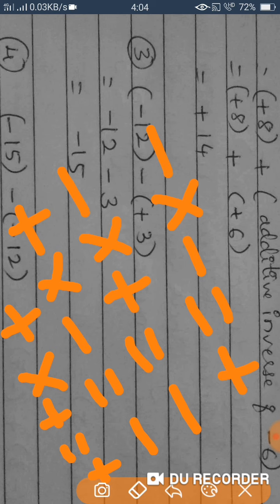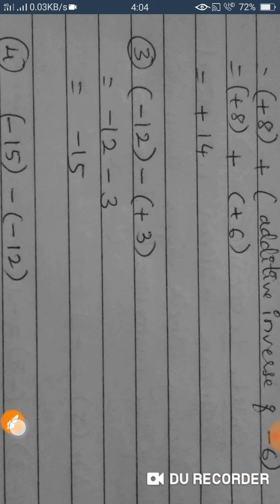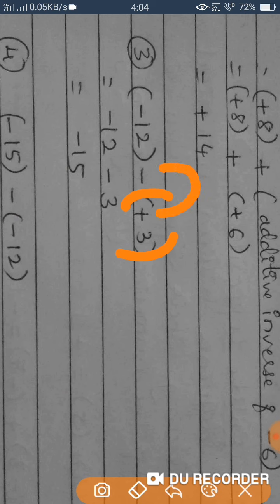Why has multiplication come into addition and subtraction? You may think so. Here there is a bracket, and that bracket is nothing but a multiplication of the sign.